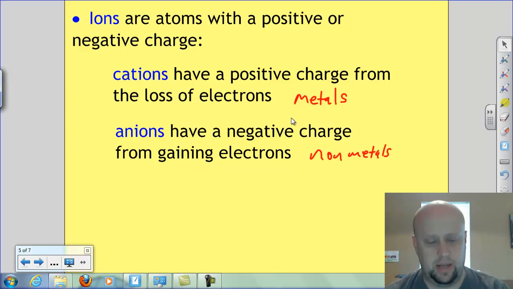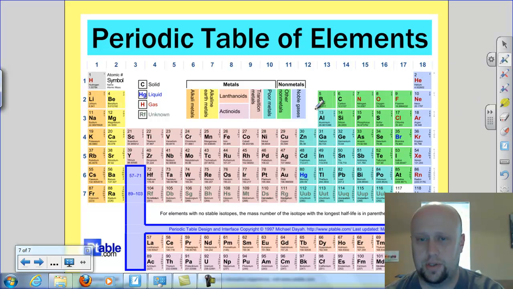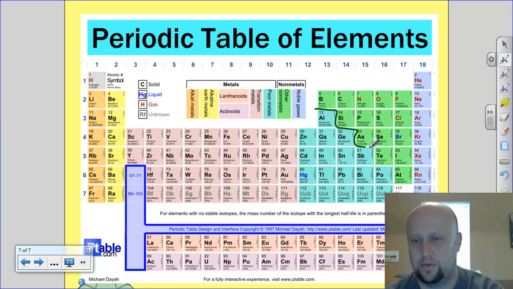And the reason for that, if we jump over and look at our periodic table real quick, is that, remember, here's the staircase. Okay, so let me draw that in real quick just to make sure that everybody knows where the difference is. So, staircase. Everything to the right of this is nonmetals. Everything to the left are metals.